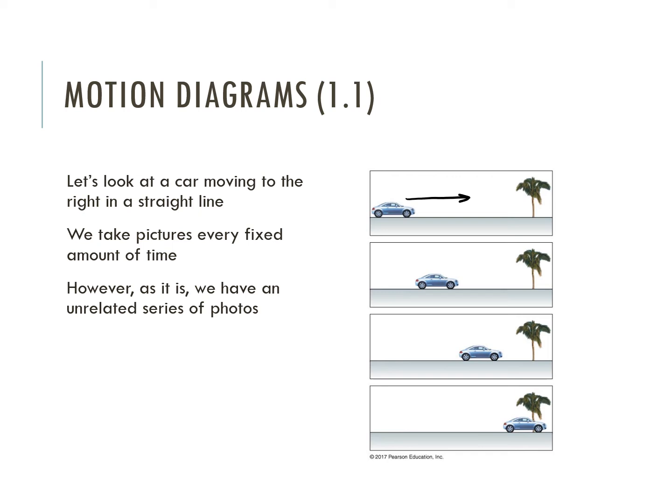If I printed these out and accidentally dropped them, I could probably figure out what direction this car was going because I took the pictures, but if some random person had to try to put them together, they might not realize that these are a series of photos taken one right after the other. They might just think it's a bunch of different random photos and put them in any way.